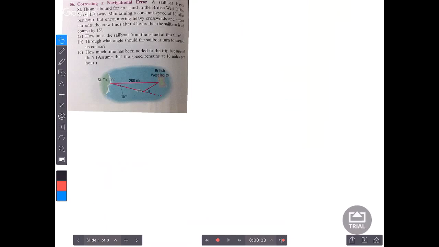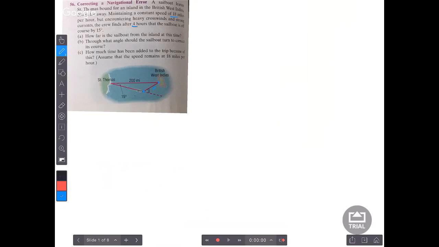Cool. All right. A, how far is the sailboat from the island? So the first question they're asking is x. How far is that? And we've got 15 degrees. And we know that they went constant speed of 18 miles per hour for 4 hours.